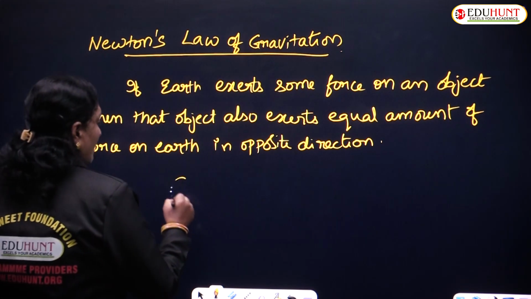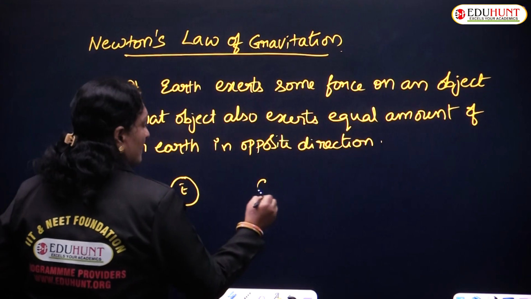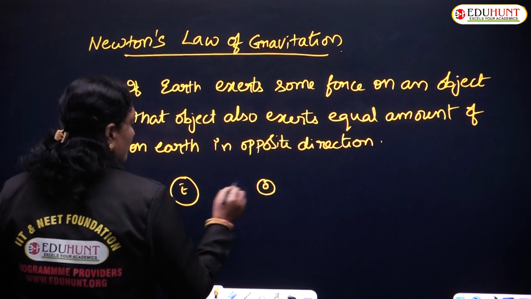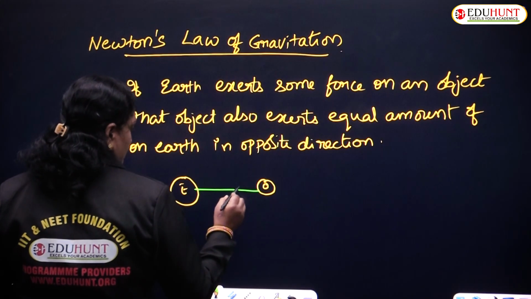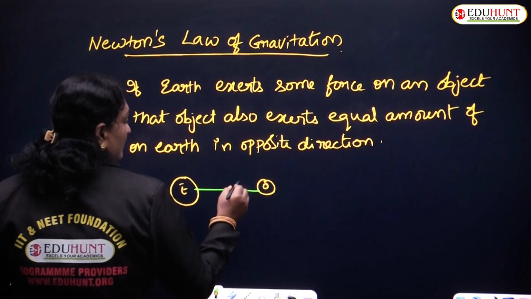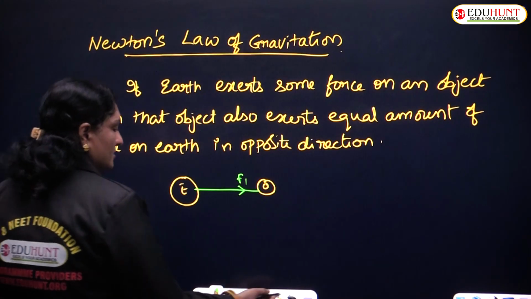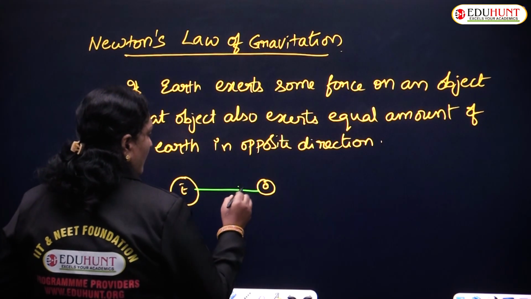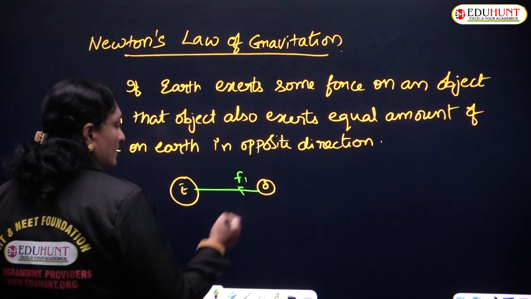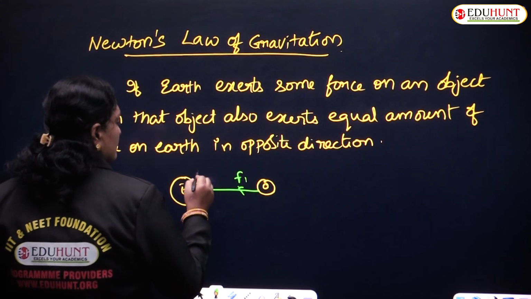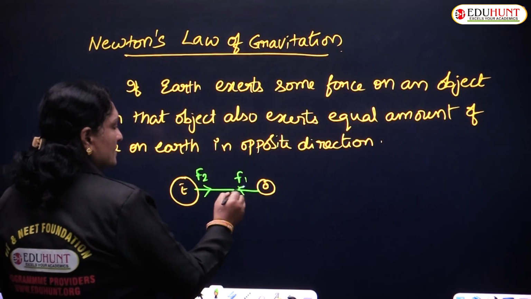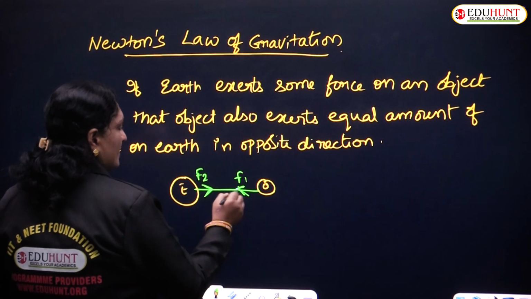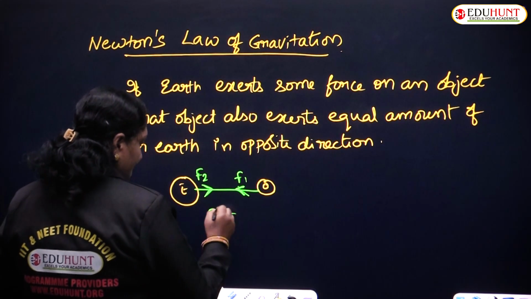So if you have considered Earth here and here an object, if Earth exerts an amount of force, say F1, on this object, then the object exerts equal amount of force, say F2, but in the opposite direction. So these two directions are opposite.